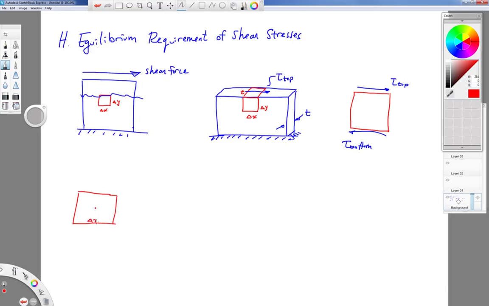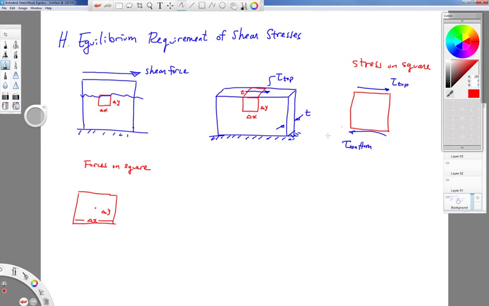So this is dimension delta x, and this is dimension delta y. Now these are the stresses on the square. We're going to convert that into forces on the square.